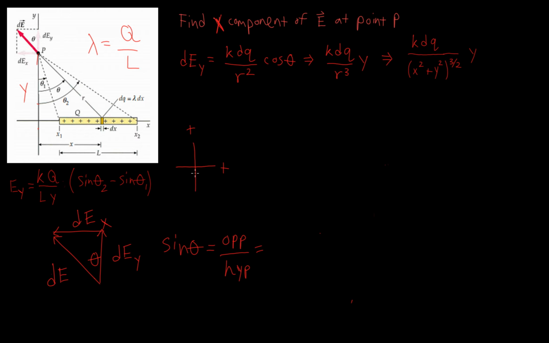And since the vector points in the opposite direction, this vector right here would actually be negative since it points in the left direction, divided by the hypotenuse, which is just dE.